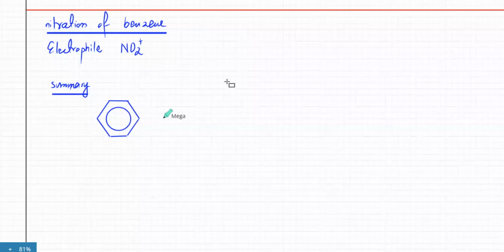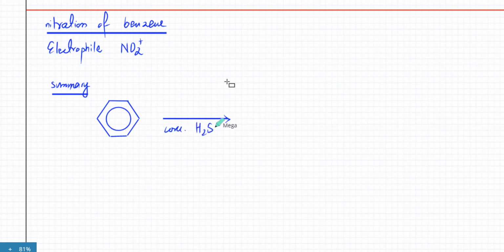The conditions for this reaction are that you add concentrated sulfuric acid and concentrated nitric acid, and the temperature is going to be 50 to 60 degrees. As a result of this, an NO2 will get attached.